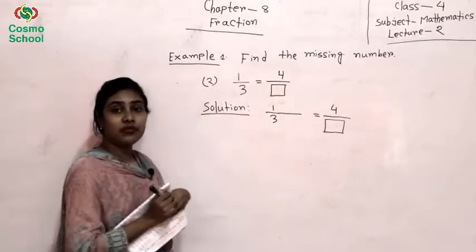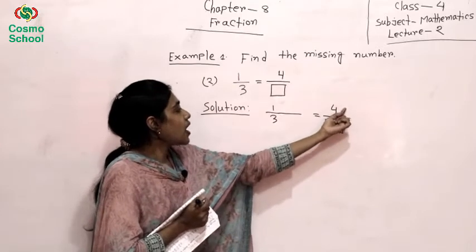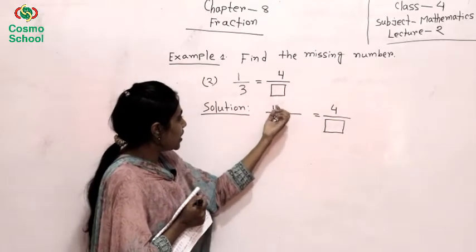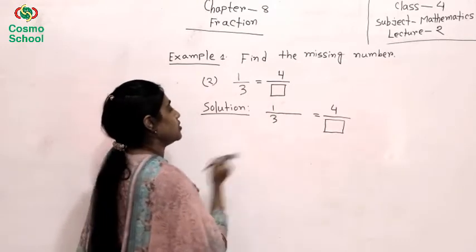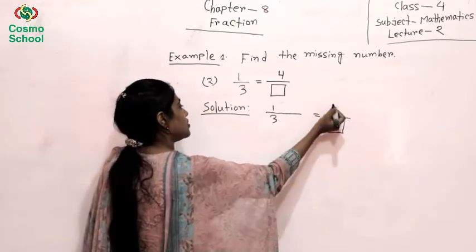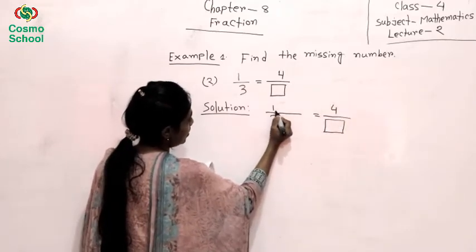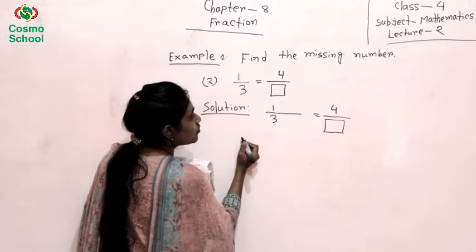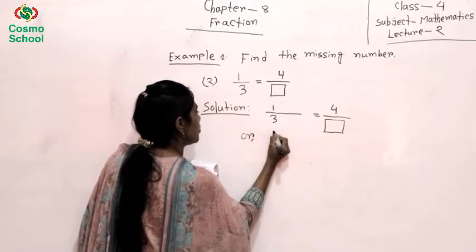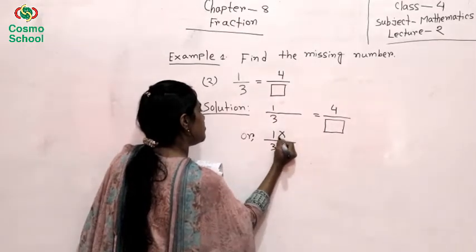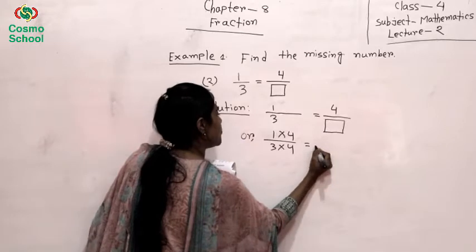To make the same numerator as in the second fraction number, I am multiplying the first fraction number with 4 to make the same numerator as the second fraction number.